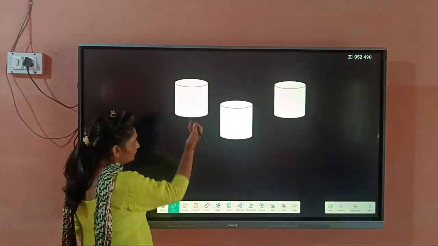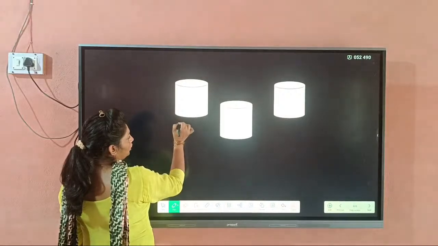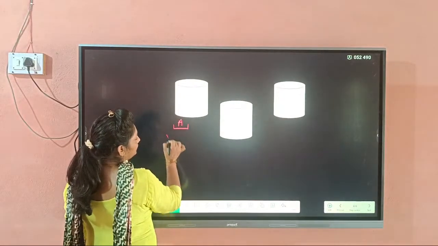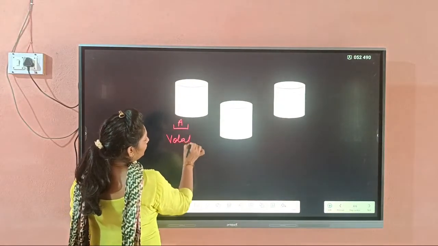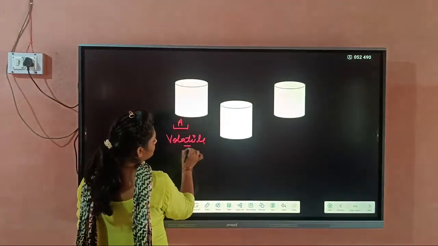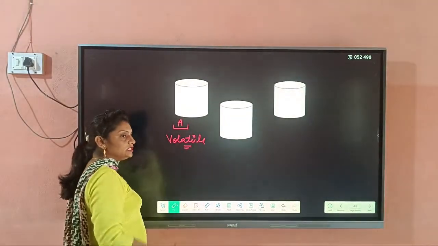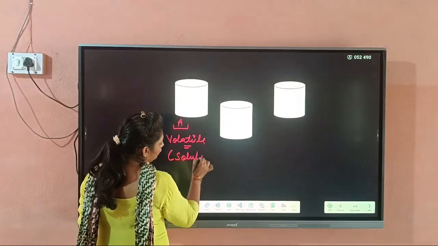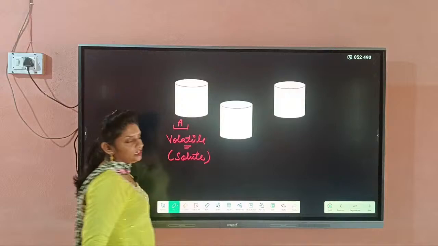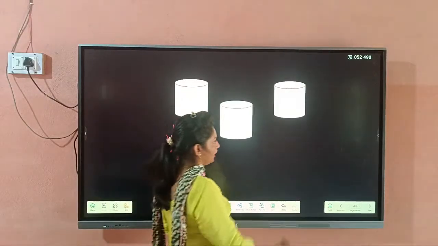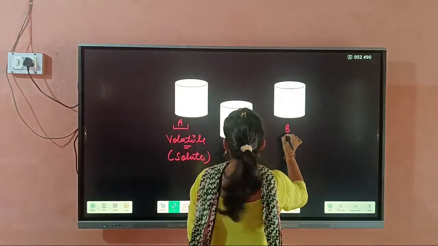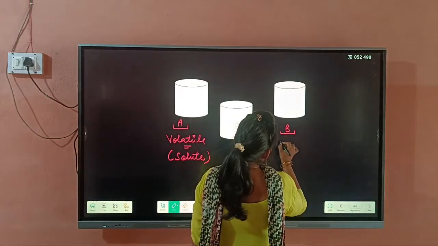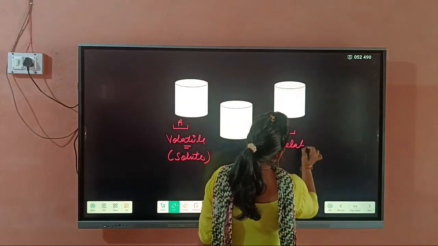Let us consider we have solute A. Here it is volatile in nature, means it exerts some vapors on the surface of the liquid. It is solute. Solute is that which is dissolved in solution. Okay. And this is the solvent B. It is also volatile in nature.